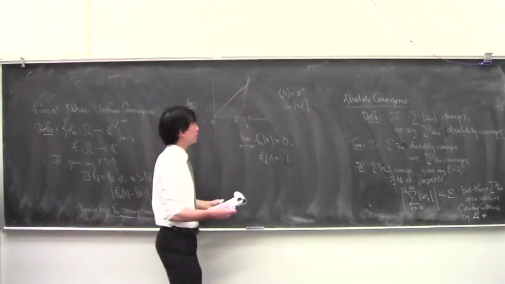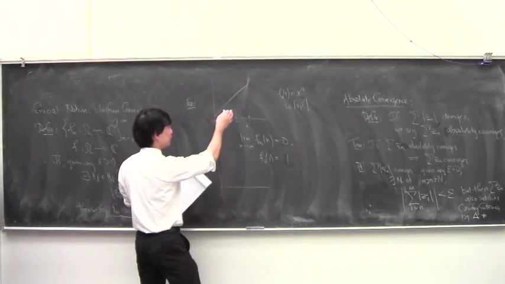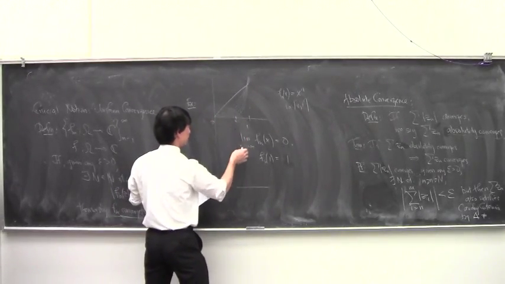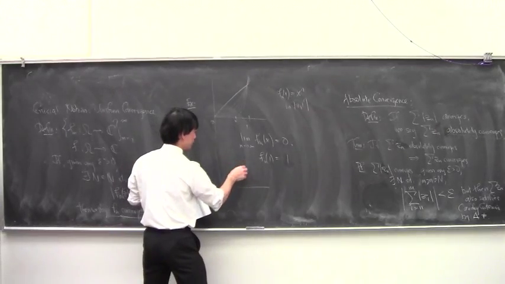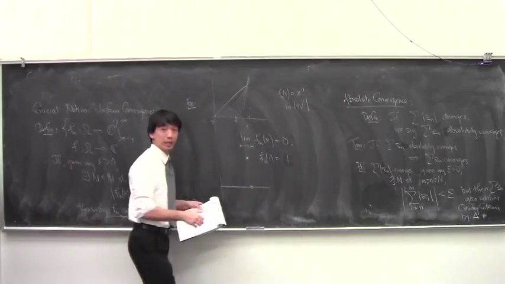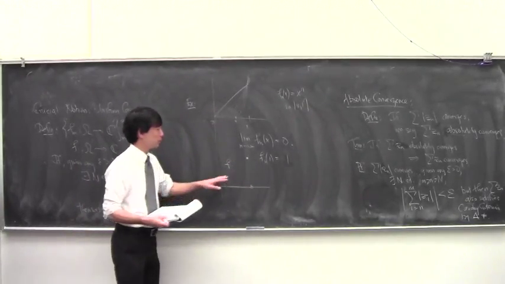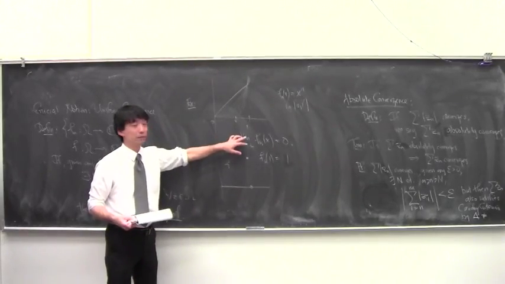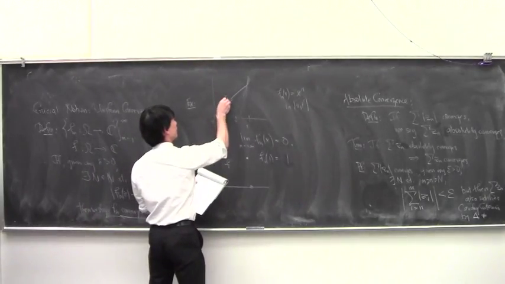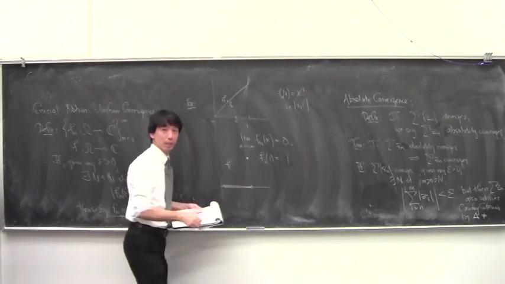So if we took the limit, here's the limit: it's going to be 0 everywhere, and it's going to be 1 over there. This is the limit of the f sub n's. Here's f1, here's f2, and so on, and f is the limit.